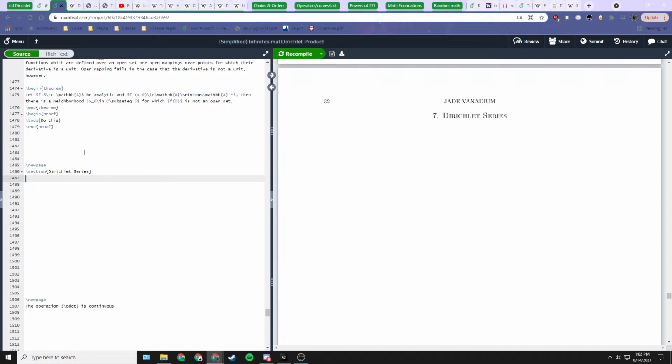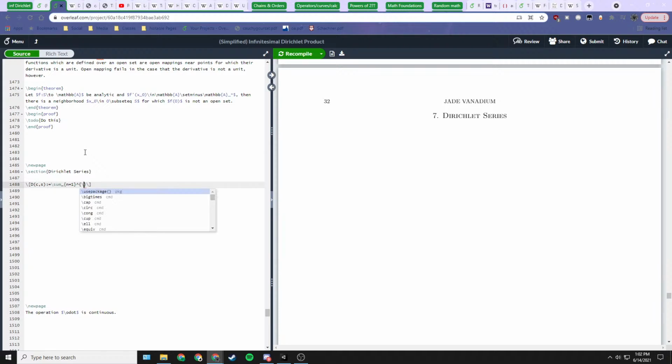So the core of this section is focusing on Dirichlet series, as the section is titled, and we have the sum of c_n n to the power negative s.